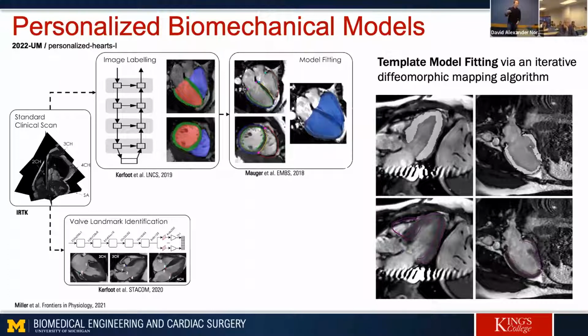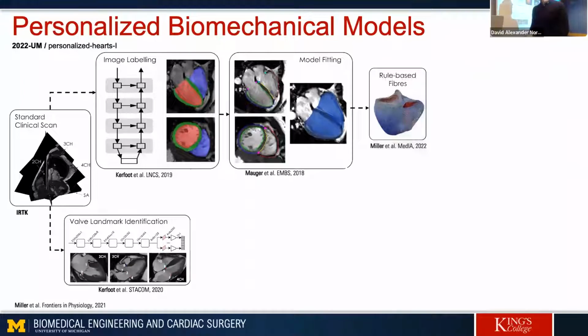So a way to get around this problem is to actually use template models that try to fit the data, but have some inherent restrictions to them. In this case, it's that it has to stay a heart, right? It can't all of a sudden be a heart with a hole unless that's our template model, right? So basically we can end up getting a good recreation of this geometry, even though there's some errors in the segmentation.